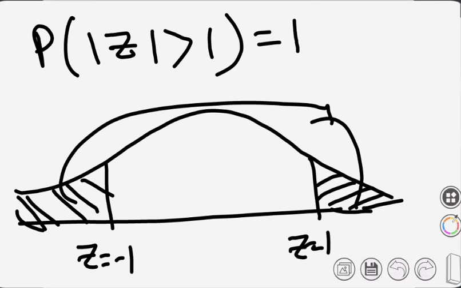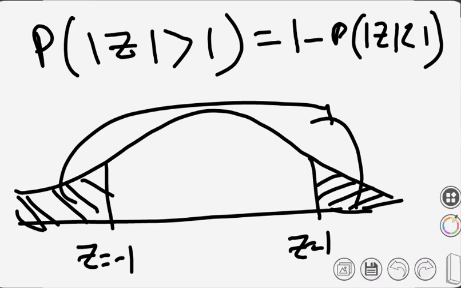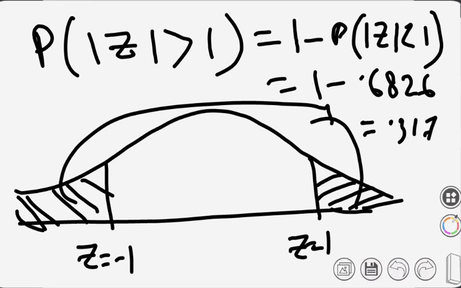which gives you 1 minus probability mod z less than 1, and mod z less than 1 we found a little while ago. What was it? 1 minus 0.6826, isn't it? So that gives you 0.3174.